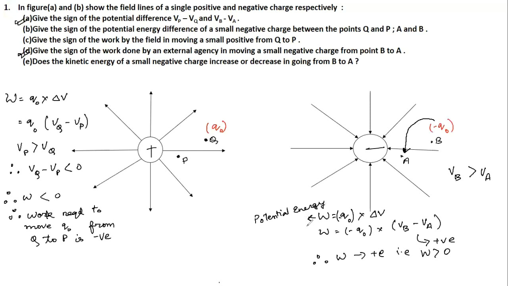So when we say that the work done in bringing this minus Q naught charge from point B to point A is positive, that means our potential energy in bringing it from B to A is increasing, since you have a positive sign. That is why the potential energy increases in bringing a negative Q naught charge from point B to point A.